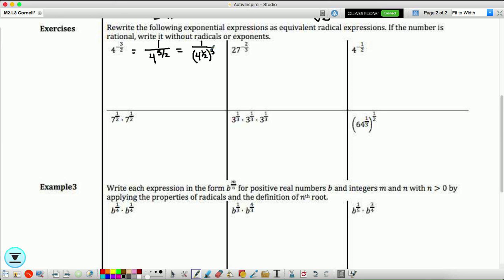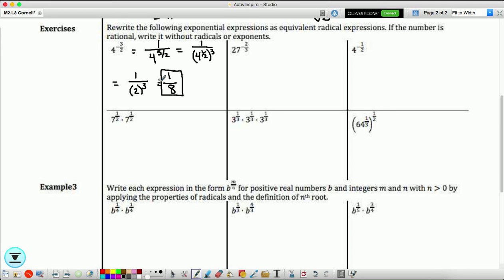So again, I could multiply those to get 3/2. The reason I did this is because the 1/2 power means that I'm taking a square root. So the square root of 4 is 2, and I could write this as 1 over 2 cubed. And 2 cubed means 2 times itself 3 times. So 2 times 2 times 2 is 8. So this in turn simplifies to just 1/8. Notice it doesn't have any negatives, no radicals, no exponents, nothing.